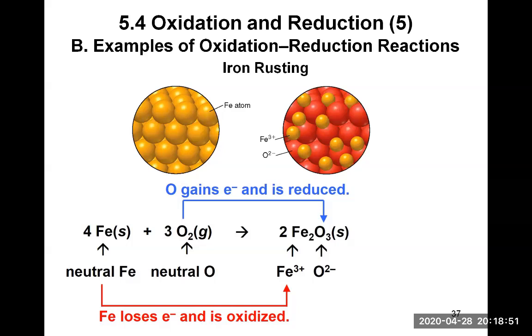Because it likes to be reduced, it's a strong oxidizing agent, and it makes all kinds of materials become oxidized. Here is the example of iron. When iron is rusting, it's being oxidized by oxygen.